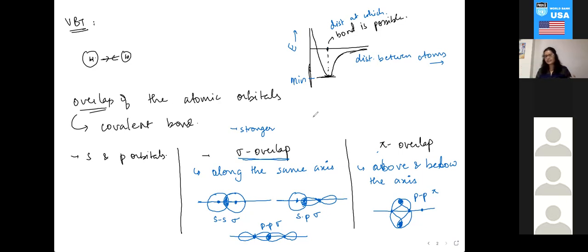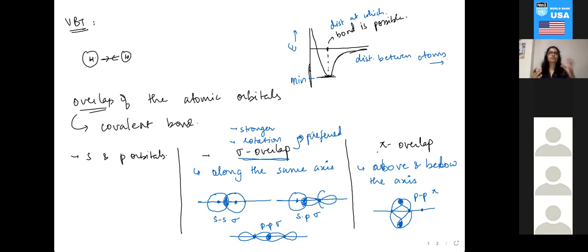Sigma, because it's along the axis, even if I turn this around, it's not going to affect the overlap. Pi ke case mein upar niche ho raha hai. If I want to rotate one of the atoms, ye bond break ho raha hai, right? So sigma overlap is stronger and rotation is possible, which is why sigma overlap is always preferred.